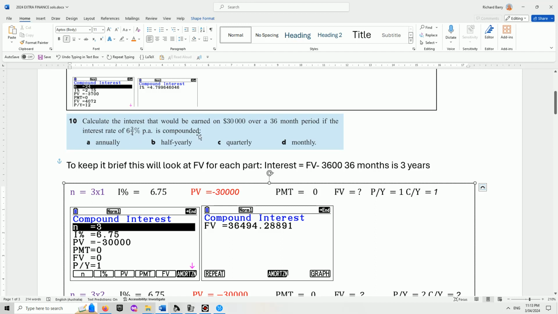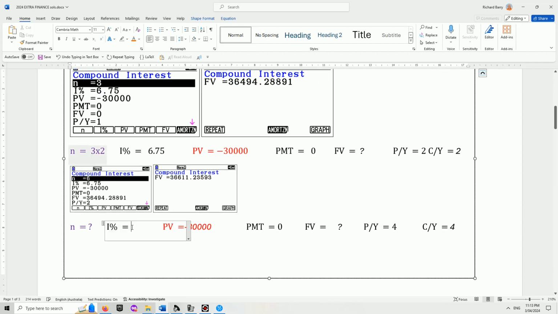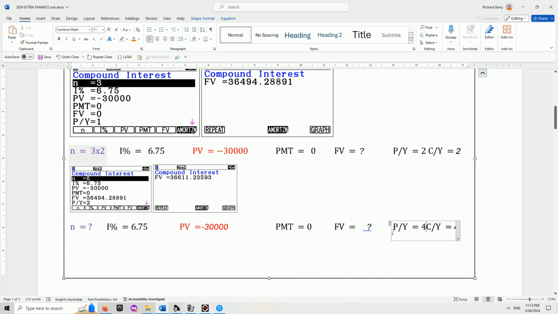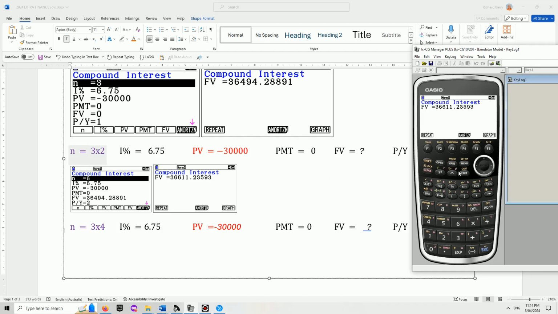For these questions, there has been no payment, and we're initially putting in $30,000. So we're going to do this question 4 times with these different numbers. So that stays the same, that stays the same. 6.75. So N is 3 years quarterly. 3 times 4. To the calculator.